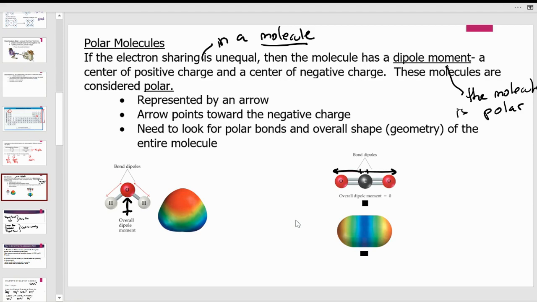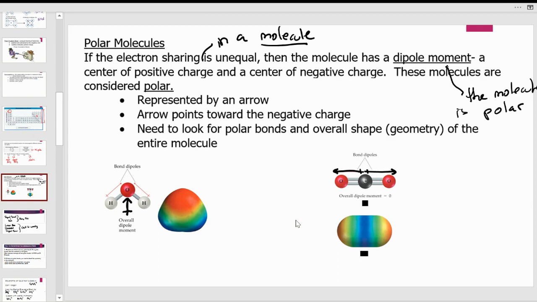So the molecule on the left is polar, meaning it has a positive pole and a negative. Now we're never going to indicate which side is which. We are going to look at 3-dimensional models. We're going to try to figure out if the molecules would be polar or not.